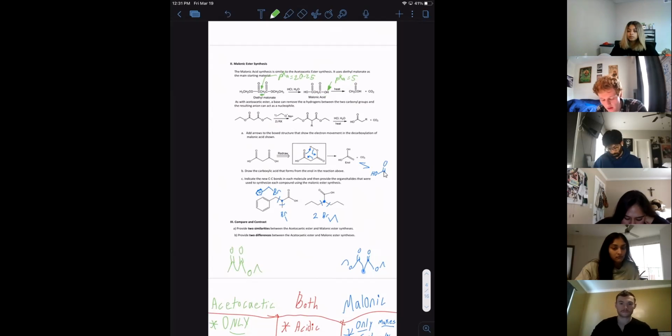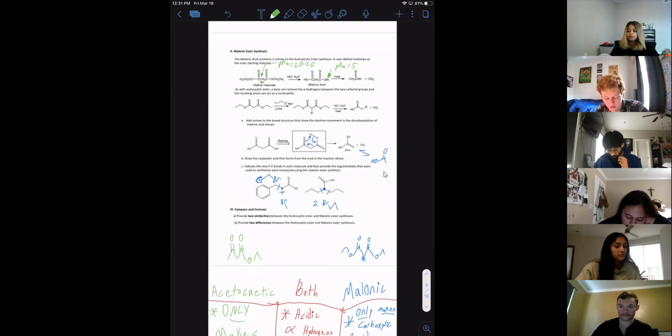So once it's in that state, you're not going to be able to play around with it as much. So you'll want to go ahead and decarboxylate from here. Once you add acid and water, you're pretty much locking down whatever's at this carbon. Does that make sense?